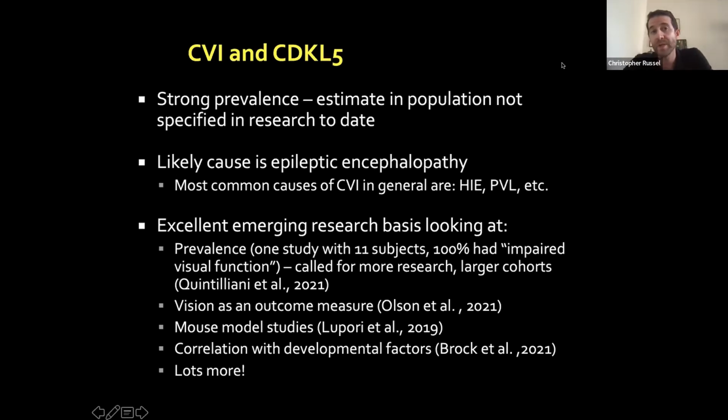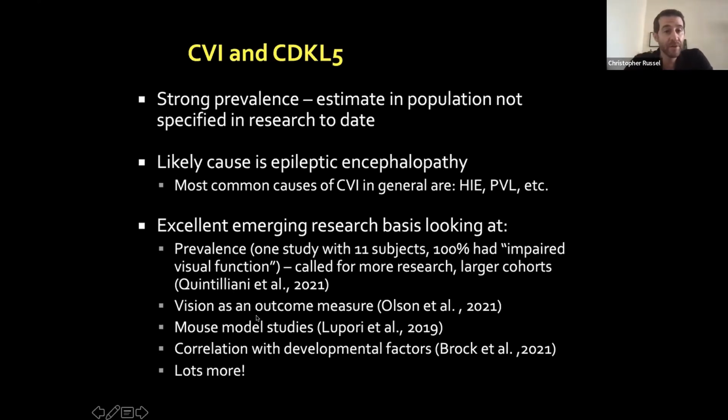A person with CDKL5, I see a question, can develop CVI later or congenitally, because most likely the cause is the impact to the brain coming from uncontrolled epilepsy, right? So from seizure disorders that are causing that damage in the visual pathways and in the visual processing center of the brain.